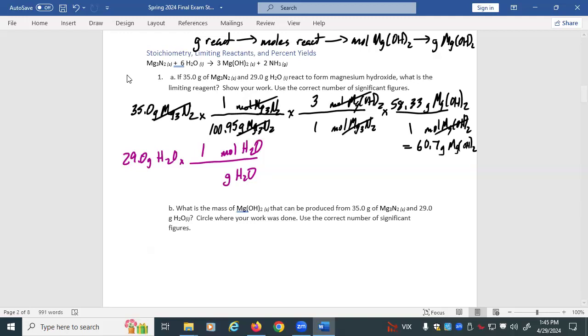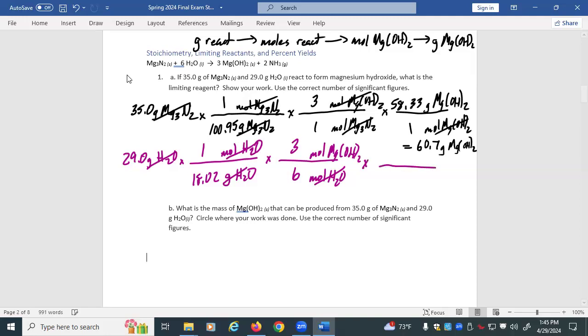Hydrogen's 1.01 times 2, oxygen is 16: 18.02 grams per mole of water. Second step, I need to turn the moles of water into moles of magnesium hydroxide. 6 waters for every 3 magnesium hydroxides.